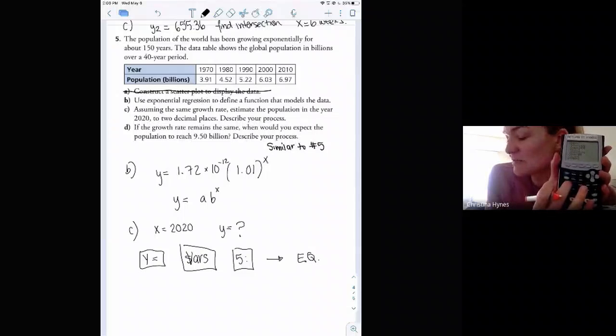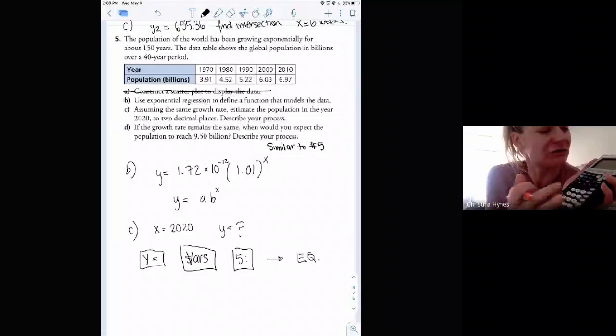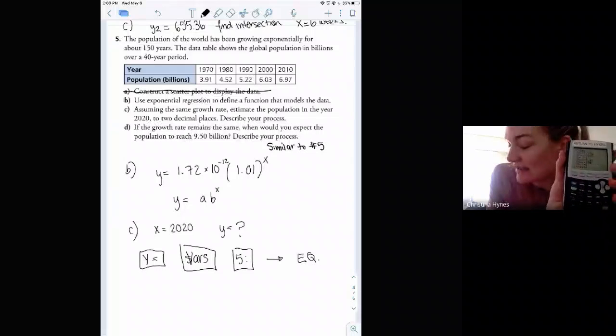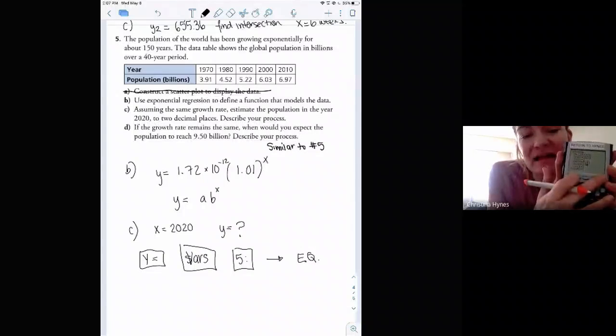So let's go up to maybe 10. Actually, it was 10, so I could have left it there. And this is 10 billion, so I'm going from 3.91 billion to 10 billion. Once I change my window, I should graph it, and I should be able to see an exponential equation being formed. So this is what you want. You want to be able to see your graph by adjusting your window.